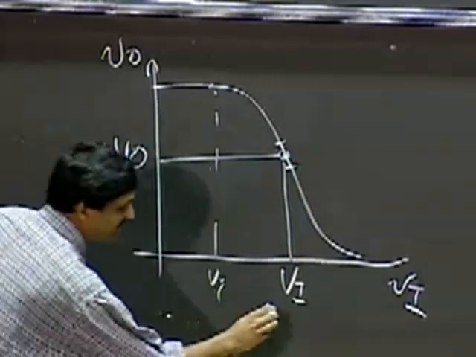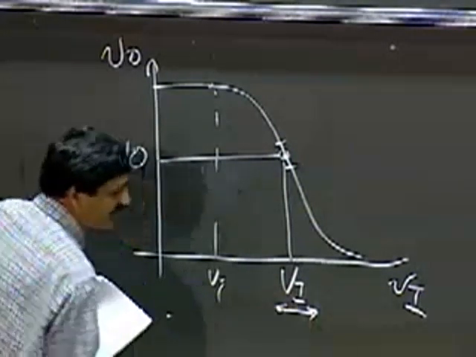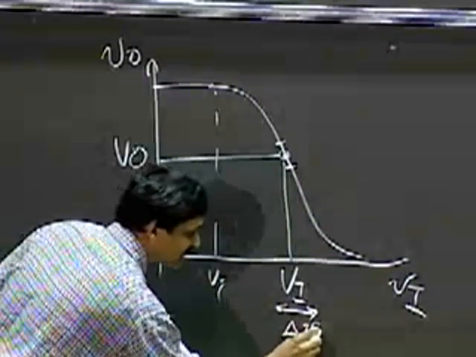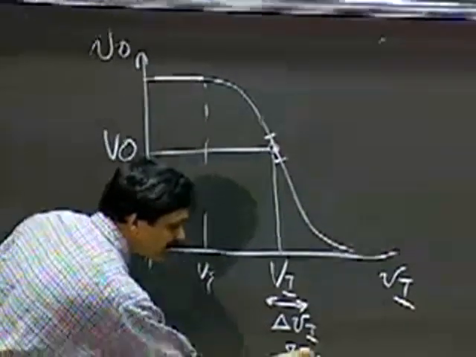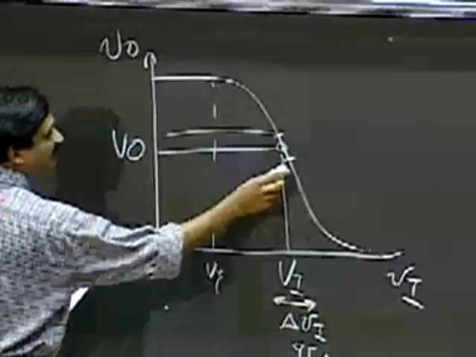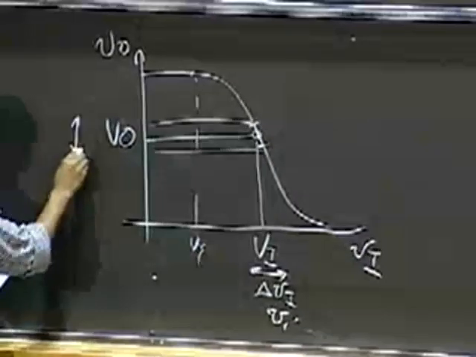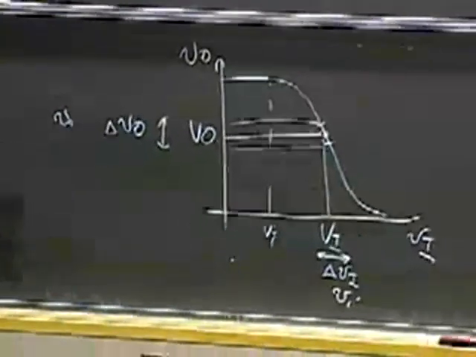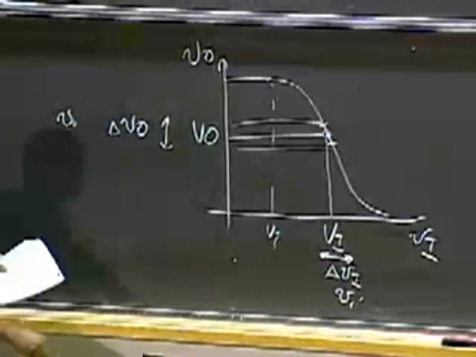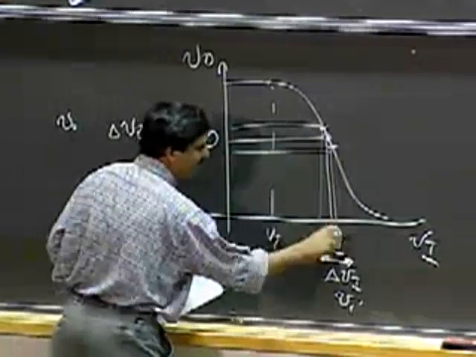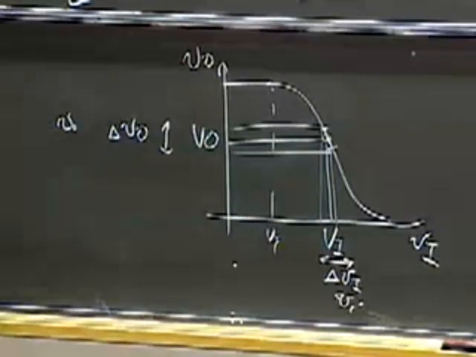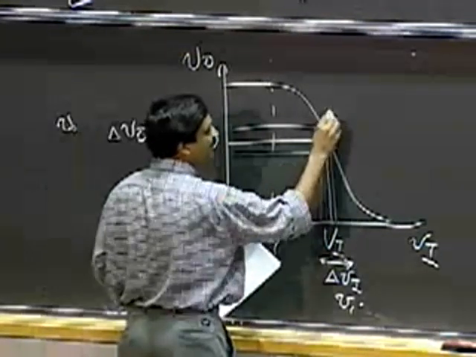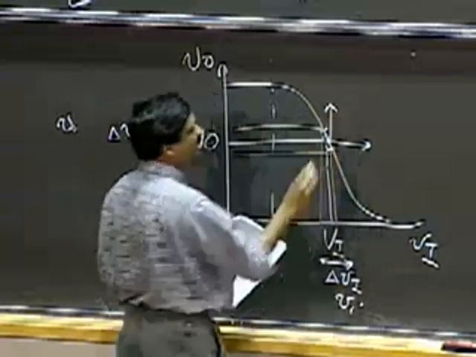And in effect, what we're saying is that I'm going to apply small variations about VI and call those variations delta VI or small vi. And the resulting variations are going to look like delta V naught, also referred to as small vo. Okay, so I have small variations here, and they give rise to corresponding small variations there. So one way to view this is as if we are working with a new coordinate system.